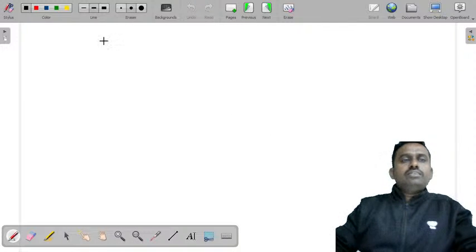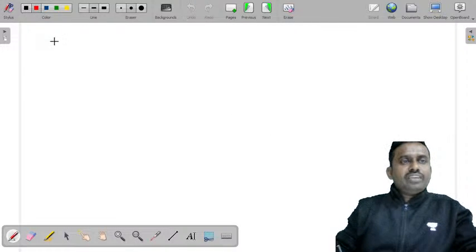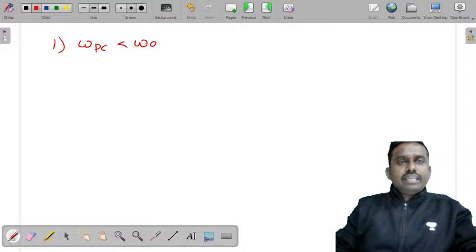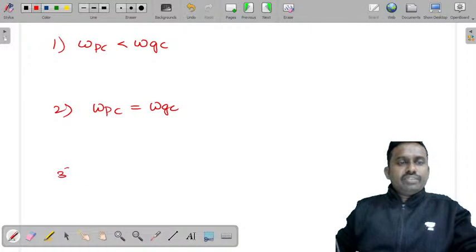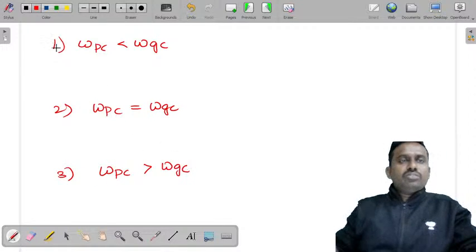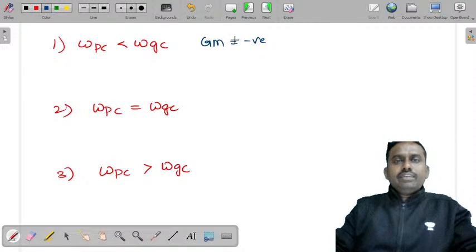So finally, you can conclude one point: if the phase crossover frequency is less than the gain crossover frequency, in this case both gain margin and phase margin are negative and the system is an unstable system.